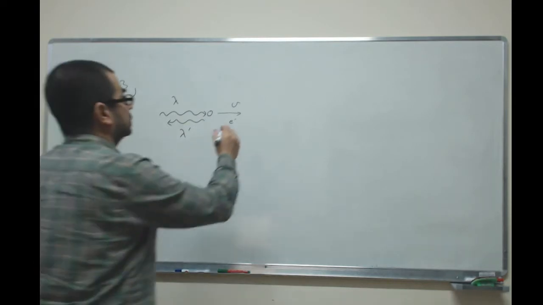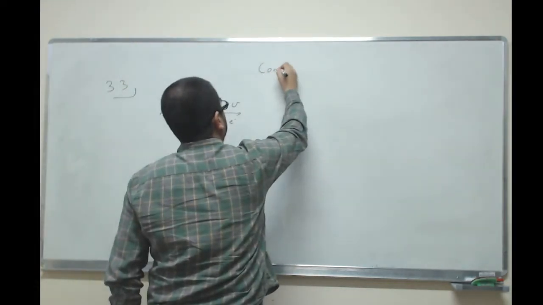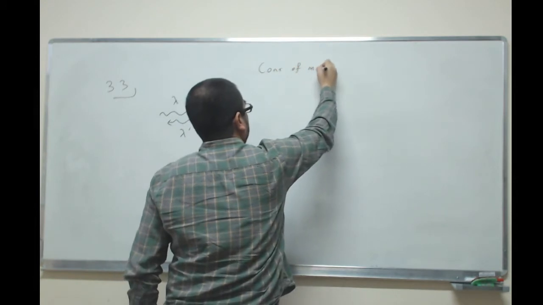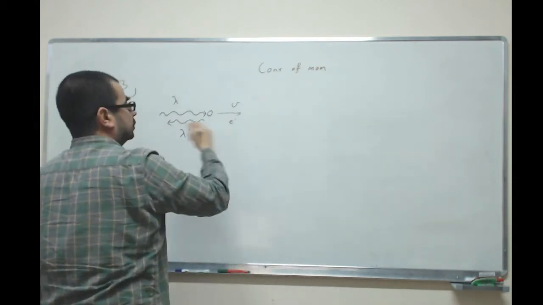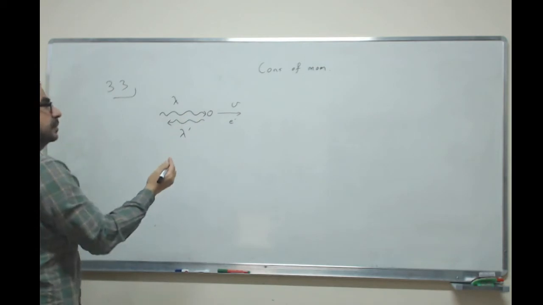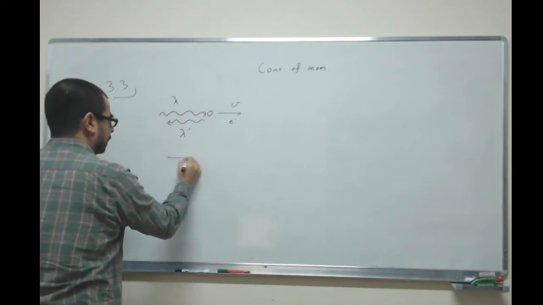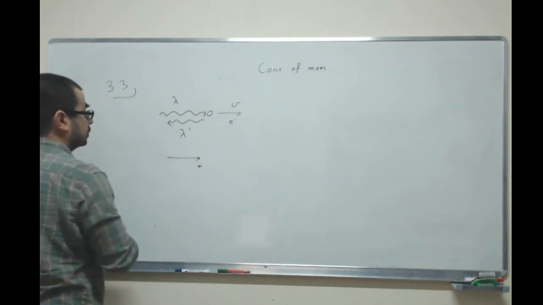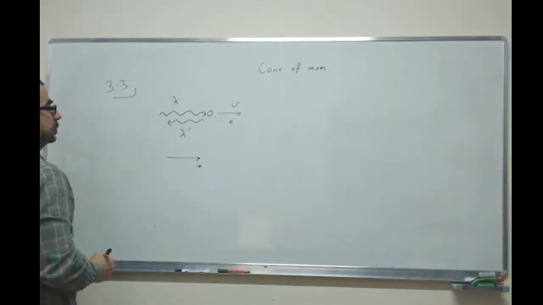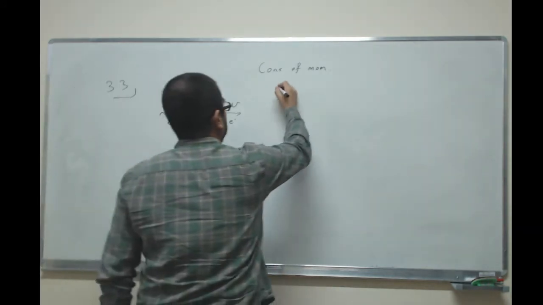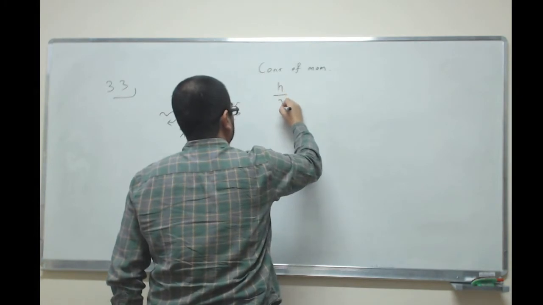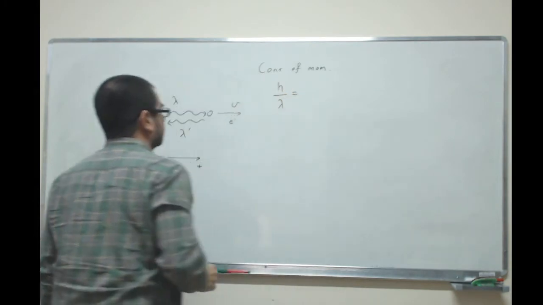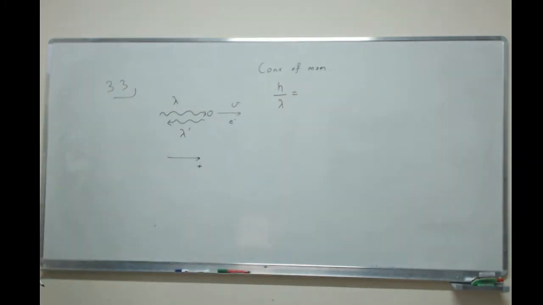So let's write these down. Conservation of momentum. Momentum is a vector quantity, so we have to choose a direction. I'm going to choose this direction as positive. So initially the photon has a positive momentum, h over lambda, and the electron has no momentum, so our initial momentum is just h over lambda.